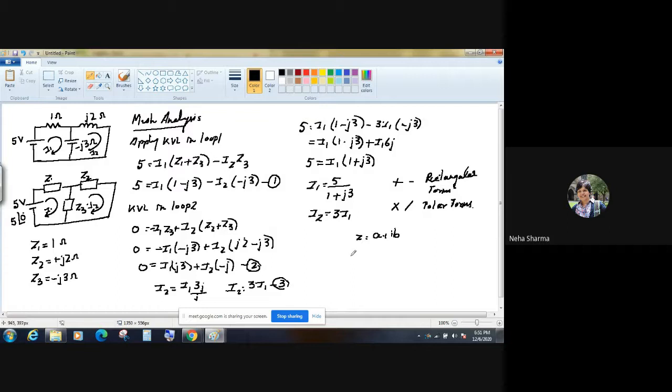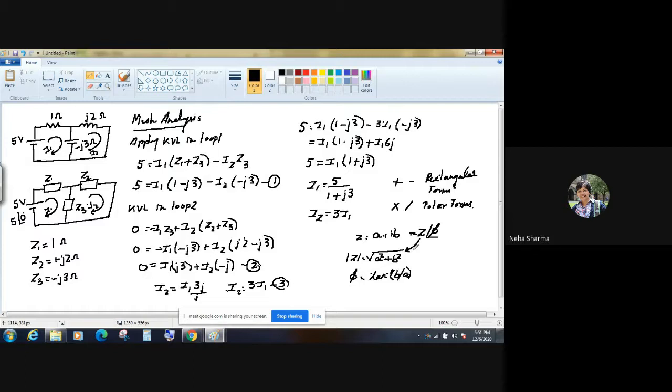To find its polar form, the magnitude is given by the square root of a squared plus b squared, and the angle phi is given by tan inverse of b by a. The same thing can be written as z with an angle of phi, where this z is the magnitude we obtained here. Likewise, you can solve these problems.